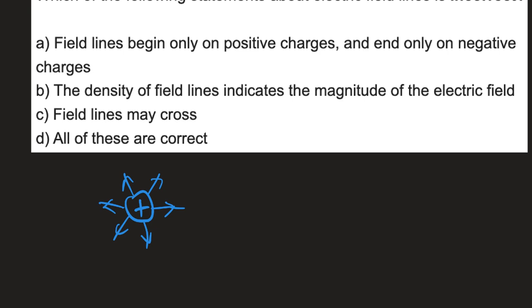So they're beginning at the positive charge, and the arrows are showing that they leave that positive charge. And then negative charges, the field lines do go into it. So they are ending. The arrows are pointing in toward it, meaning that they're sort of ending there.